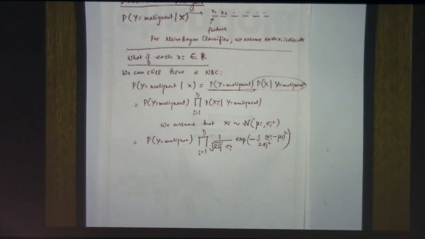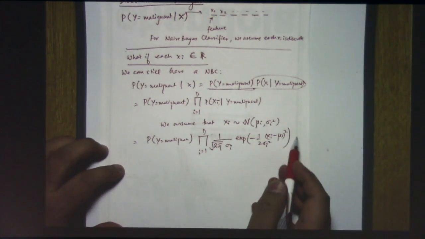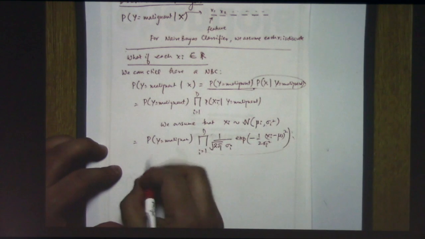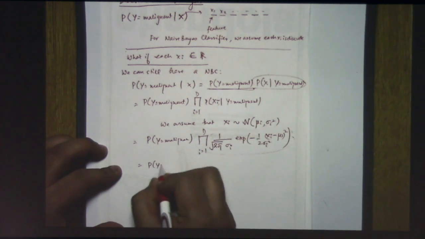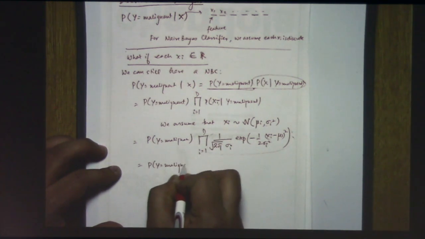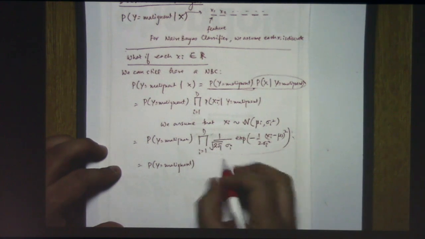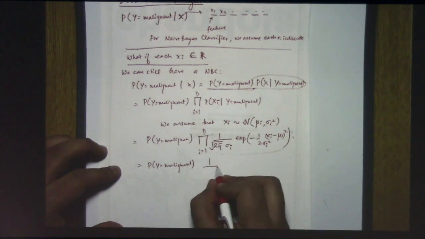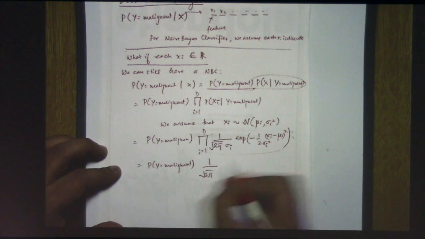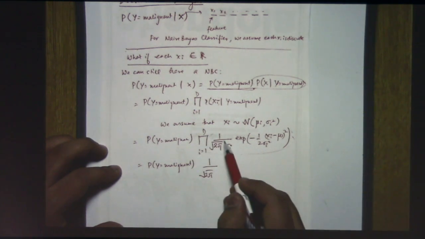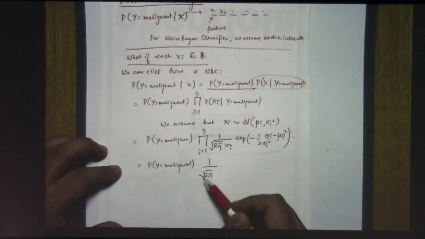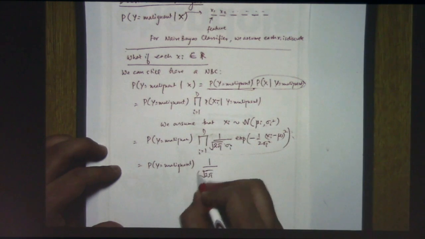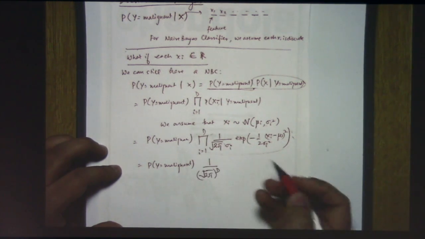Now, because this has such a beautiful form, you can actually write it as P(y = malignant) times this. If you actually multiply all of these d quantities, you will see that all of them have a square root of 2 pi. So this actually becomes 2 pi raised to power d, because you multiply those.